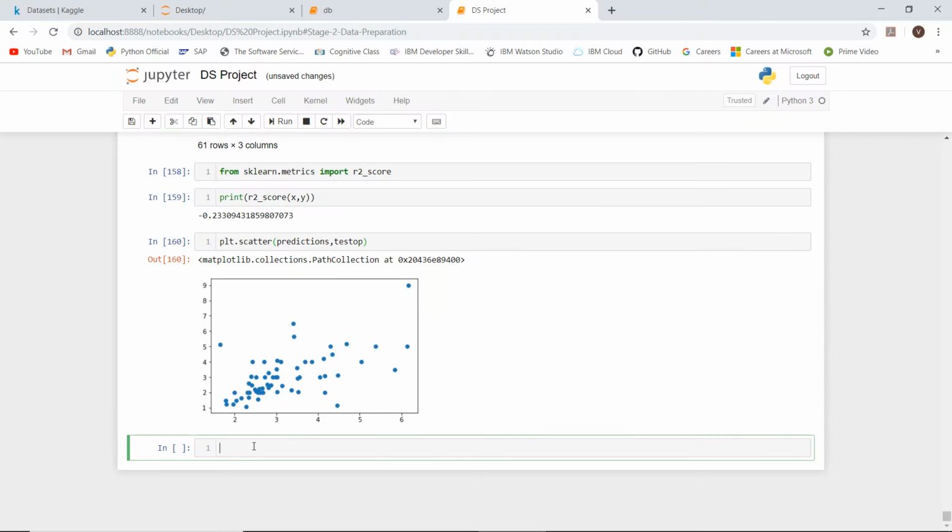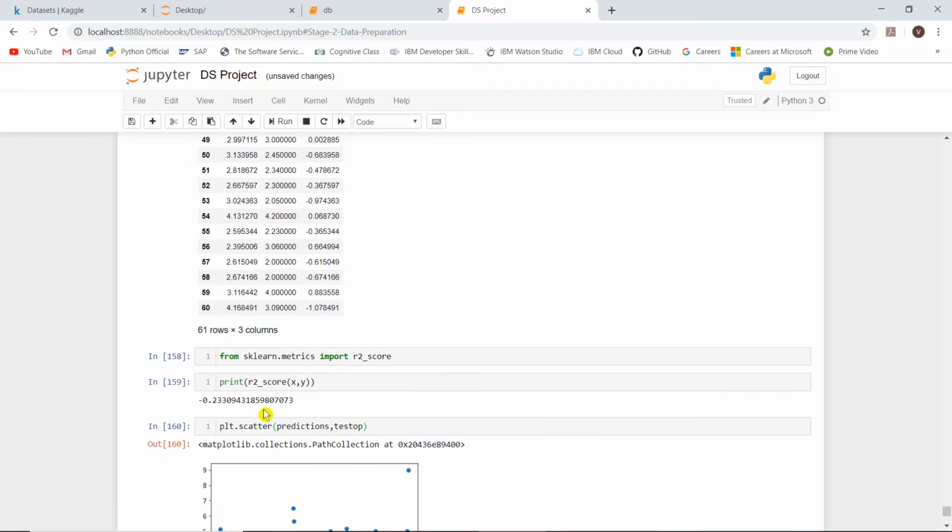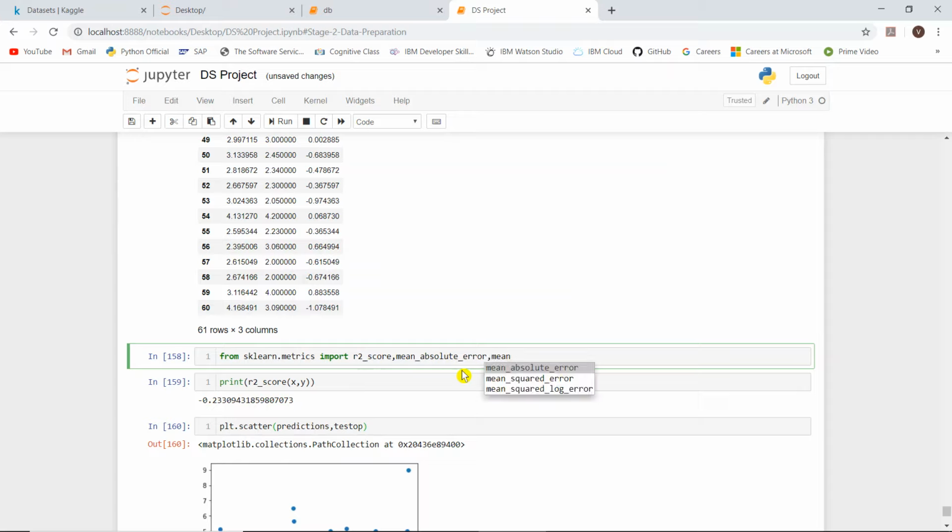Let us do it. So print of metrics dot, okay, import metrics, mean absolute error, one error will be there, and mean squared error is there.